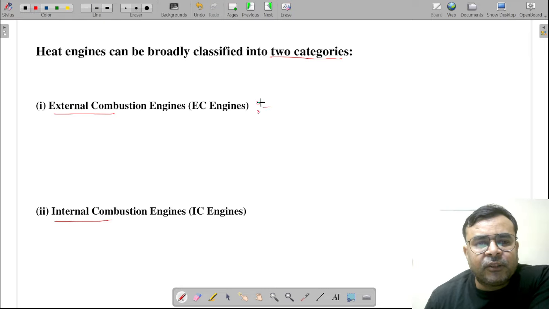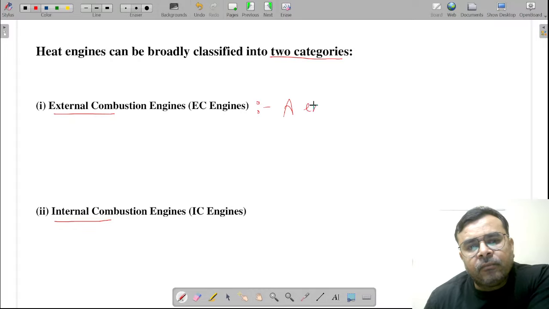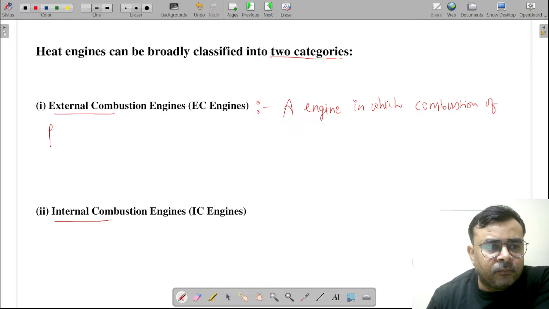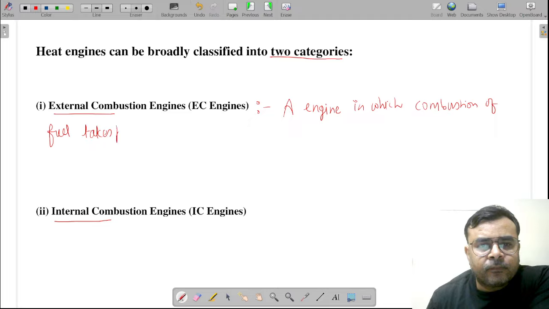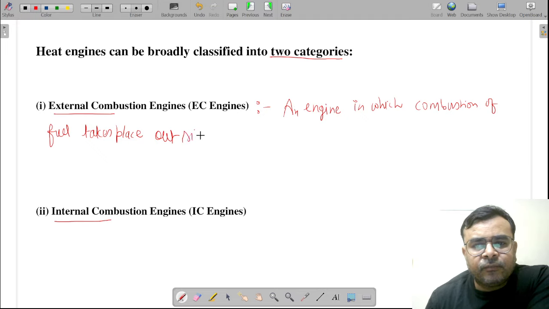If I talk about the external combustion engine, it is an engine in which combustion of fuel takes place outside the engine.